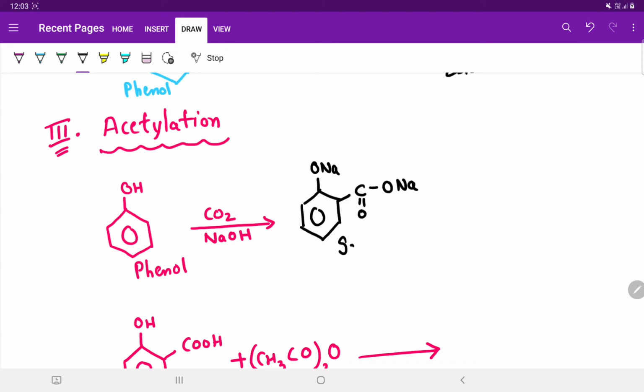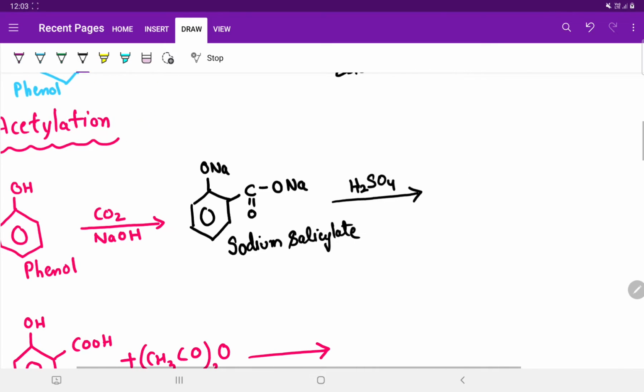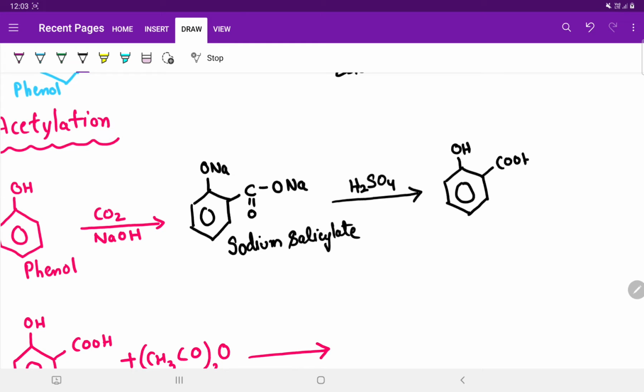So students, this is the sodium salicylate, and on acidification in presence of, we can say, the sulfuric acid, this leads to formation of salicylic acid. Now this is the salicylic acid being formed.